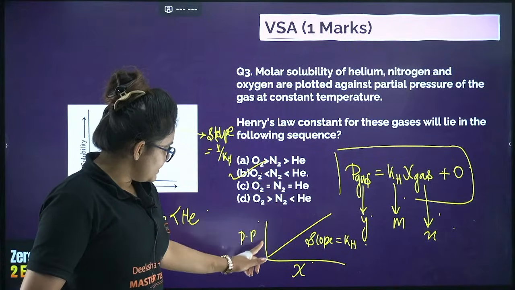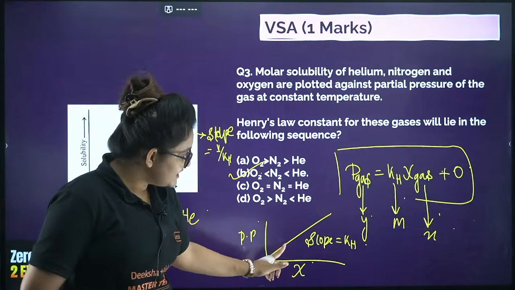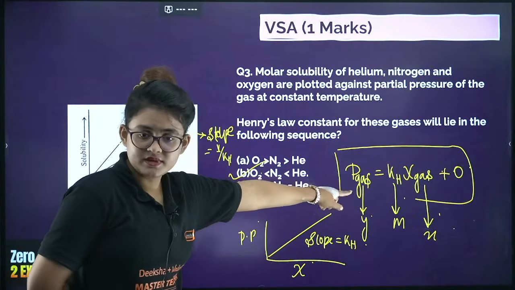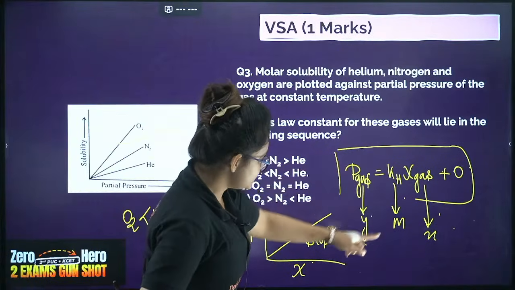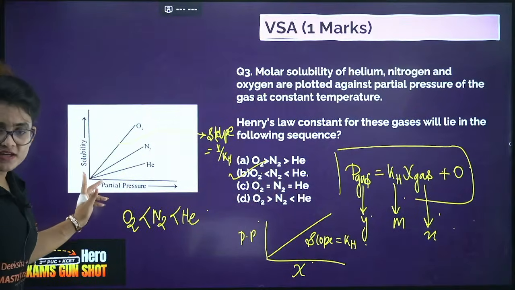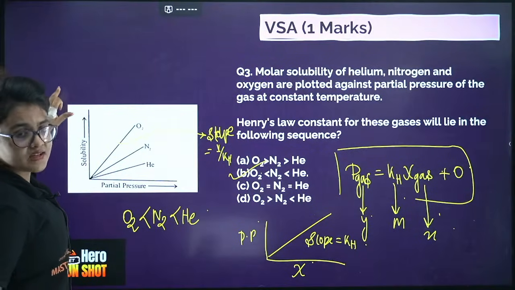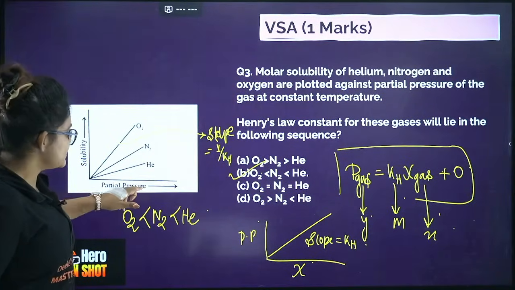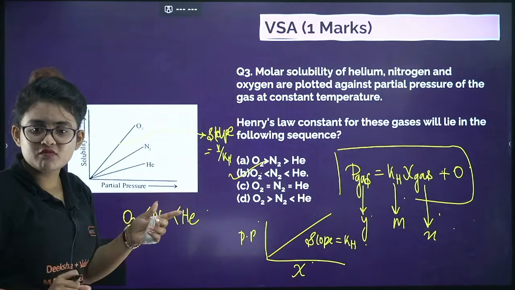In this particular case, if you follow this equation, then P, the partial pressure, should come on the Y axis and the mole fraction should come on the X axis, right? But whatever is given in the question, it's not like that. Here solubility is given on the Y axis and partial pressure on the X axis. So the slope should be 1 by that particular value.